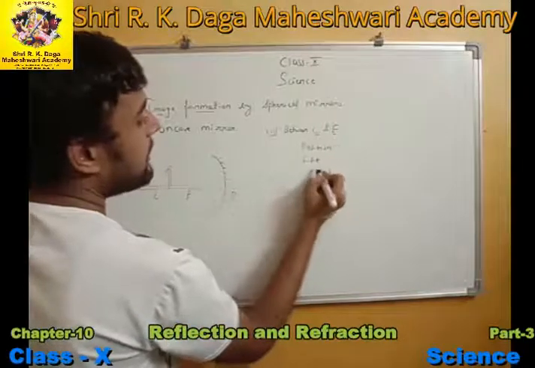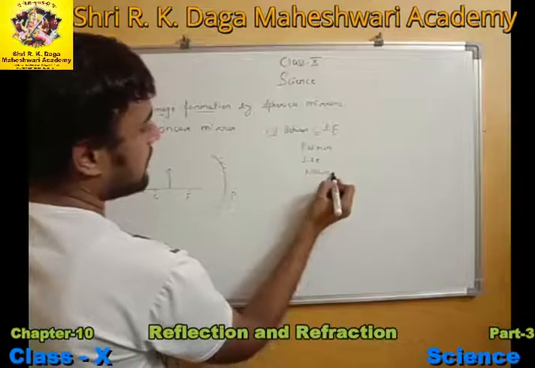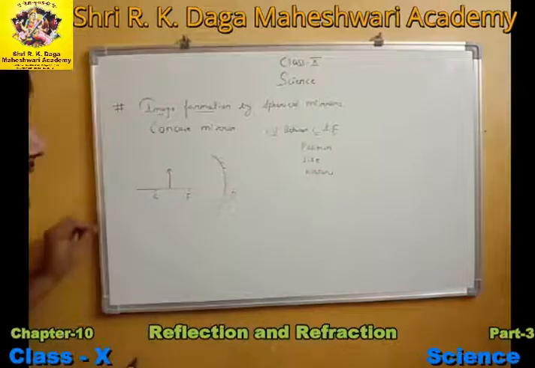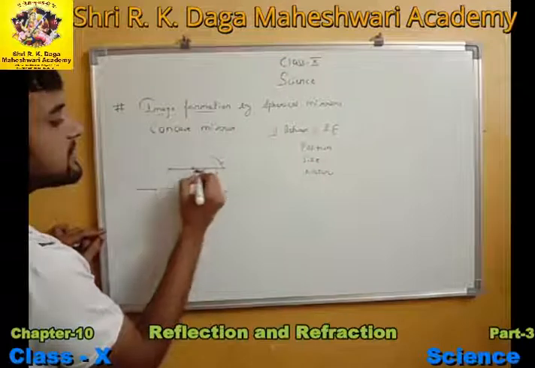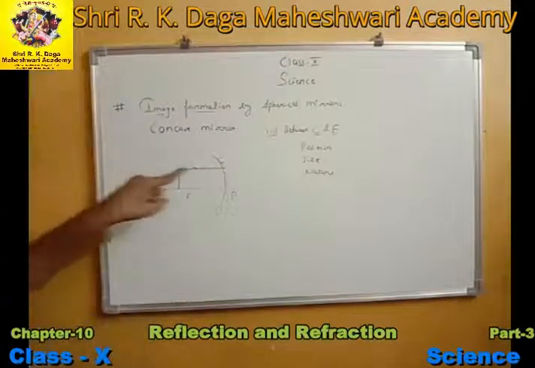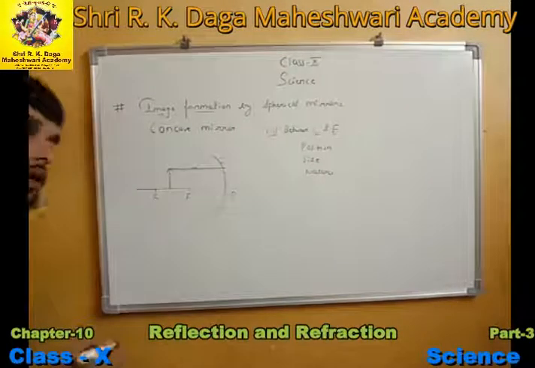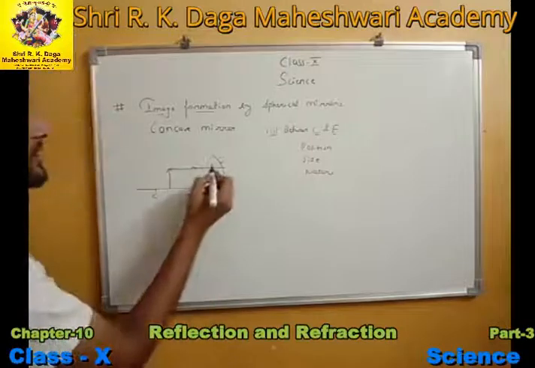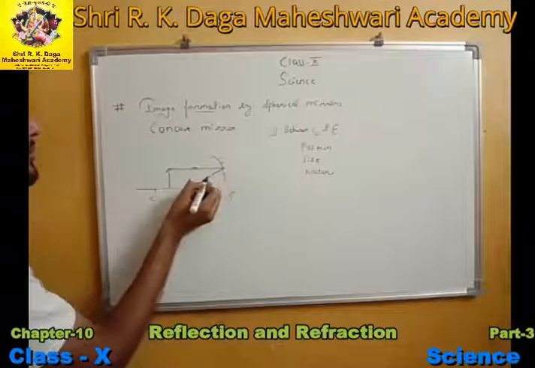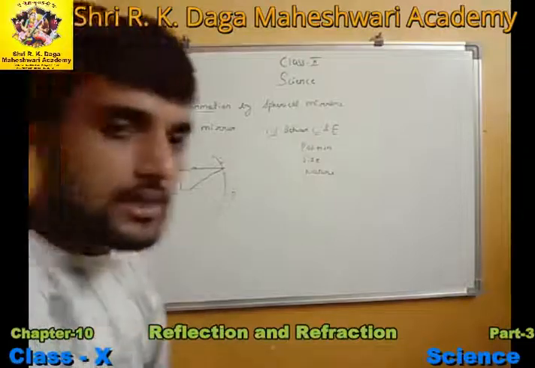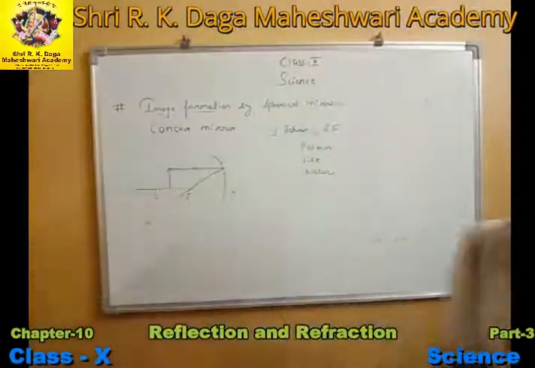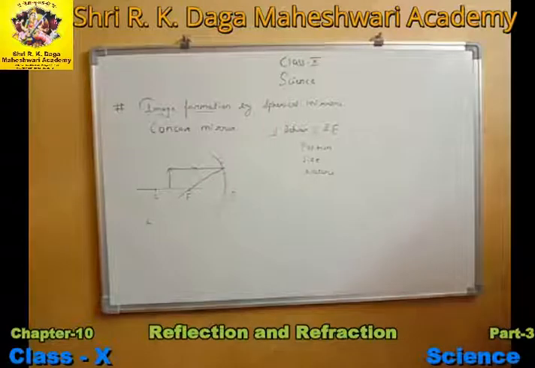Then what will happen? Let a ray which is parallel to the principal axis be incident on the mirror, and after reflection it will pass through the focus, because we know that when a ray is incident parallel to the principal axis, after reflection it will always pass through the focus, right?